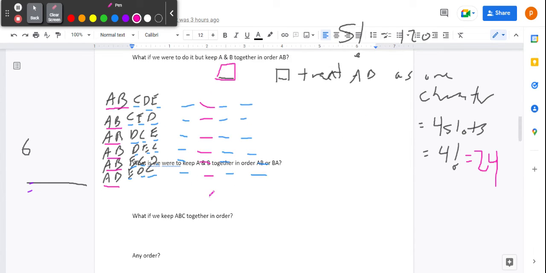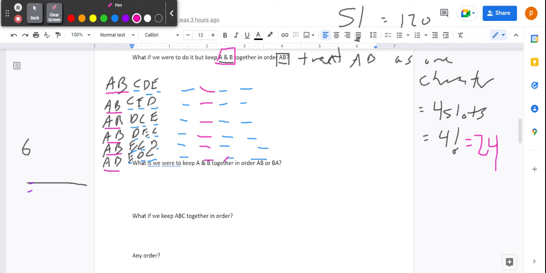Now, if we were to keep A and B together in order AB or BA, well, now we have 24, but AB and BA are different, so we could have 2 factorial after that. So it would end up being 48, because we would have 2 factorial for our AB slots and 4 factorial because we're still treating it as 4 total slots.